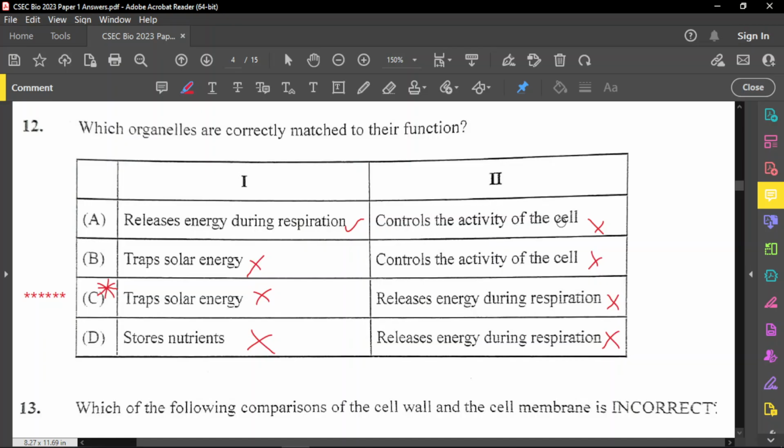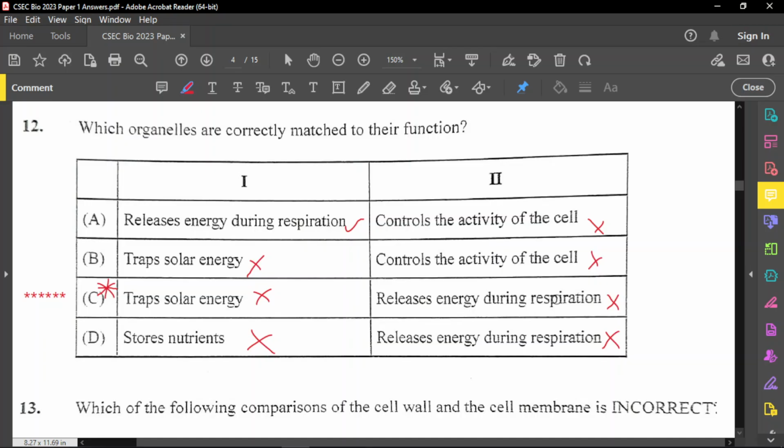That's a nucleus job, all right? However, now, I like C, but C is not matching the diagram. So there's a mistake somewhere. And so here, mitochondria does not trap solar energy. It's the chloroplast that does that because of the chlorophyll that is present, right?